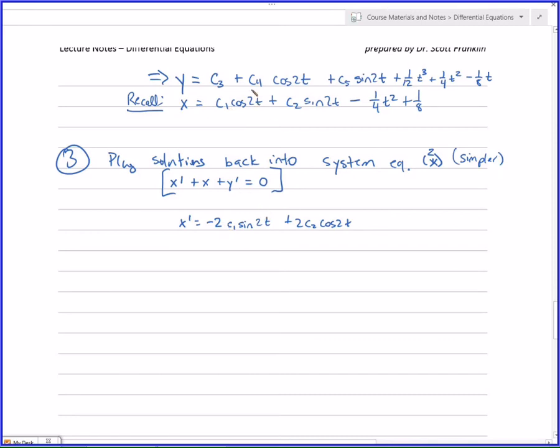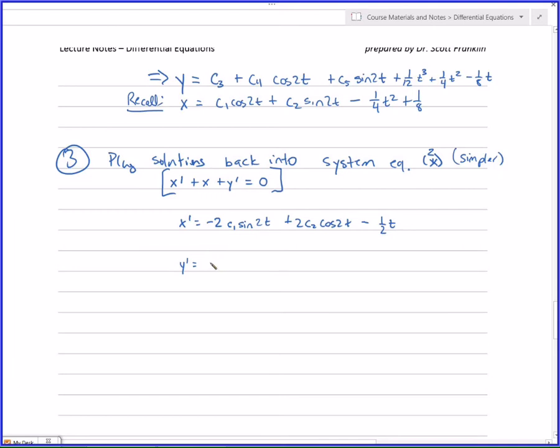The 2 comes from the derivative of what's inside. Derivative of sine is cosine times the 2 out front because of what's inside, minus 1/2 t. I've got x, now y prime.